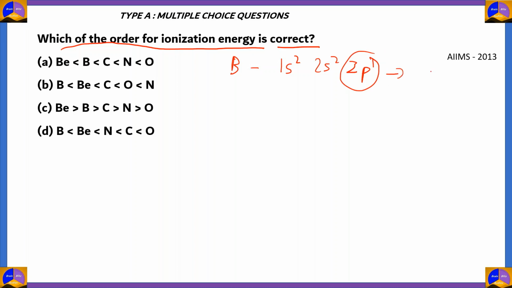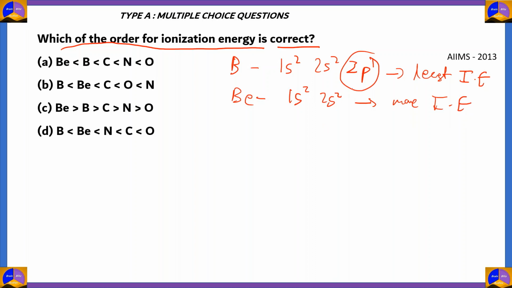So therefore, boron should have the least ionization energy. Now, what about beryllium? Beryllium has the configuration 1s2, 2s2. As you can see, it's already partially stable. So if you were to remove 1 electron here, then you would require more ionization energy.